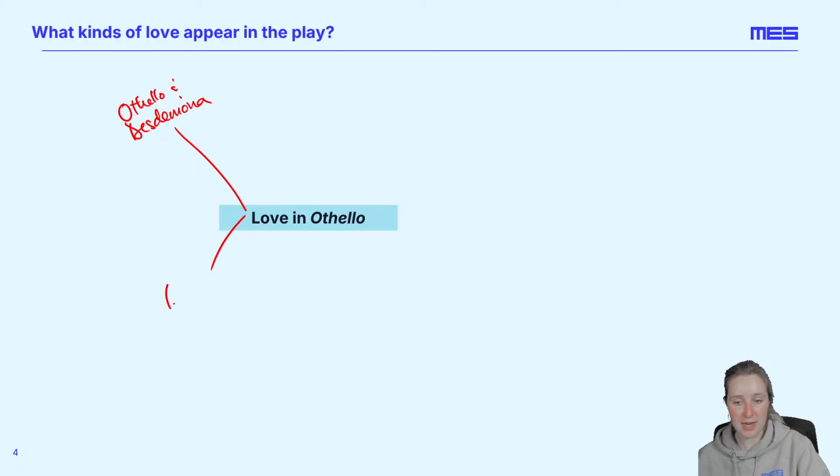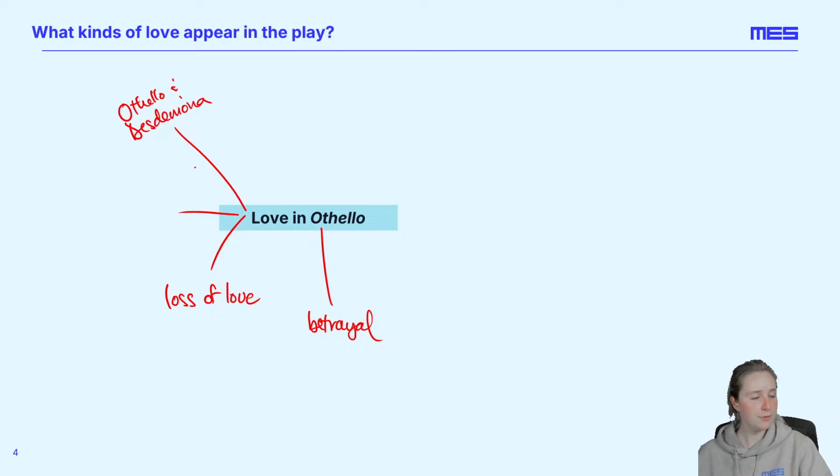We think of the loss of love. We think of this idea of betrayal with love. We think of this trajectory, this idea that love is doomed or fated.